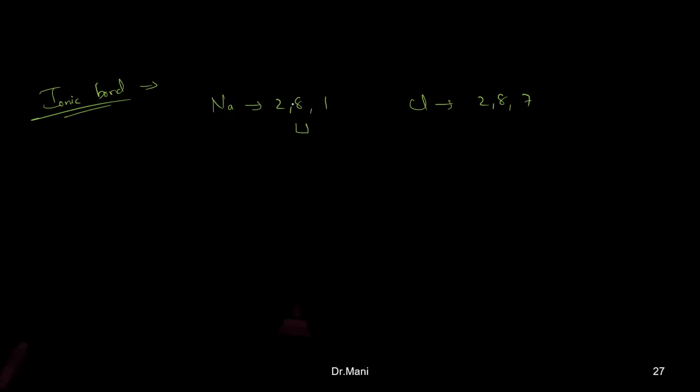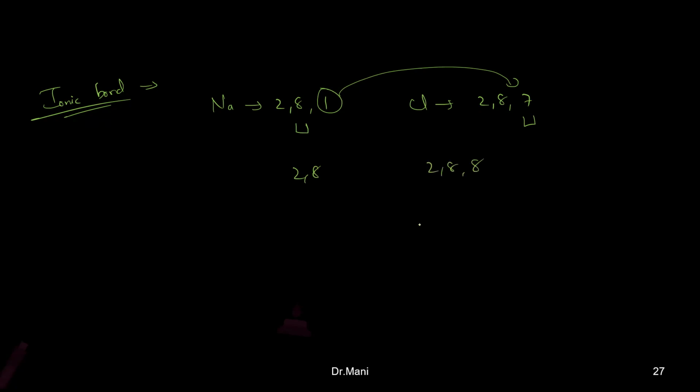Here its outermost electron is 8, and here the outermost electron is 7. So one electron has to be given to the chlorine. So sodium will become 2, 8 and be stable, and the chlorine will become 2, 8, 8.